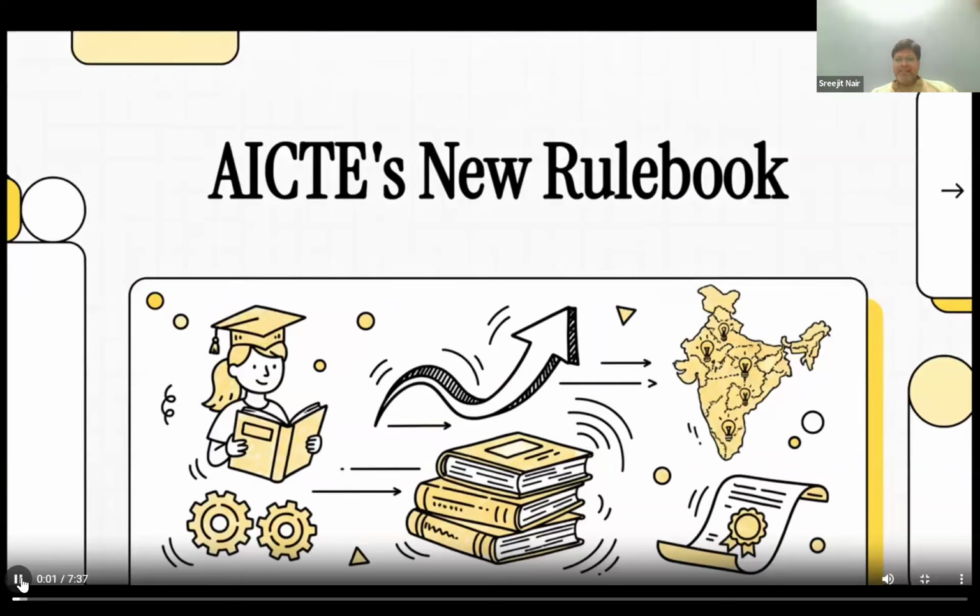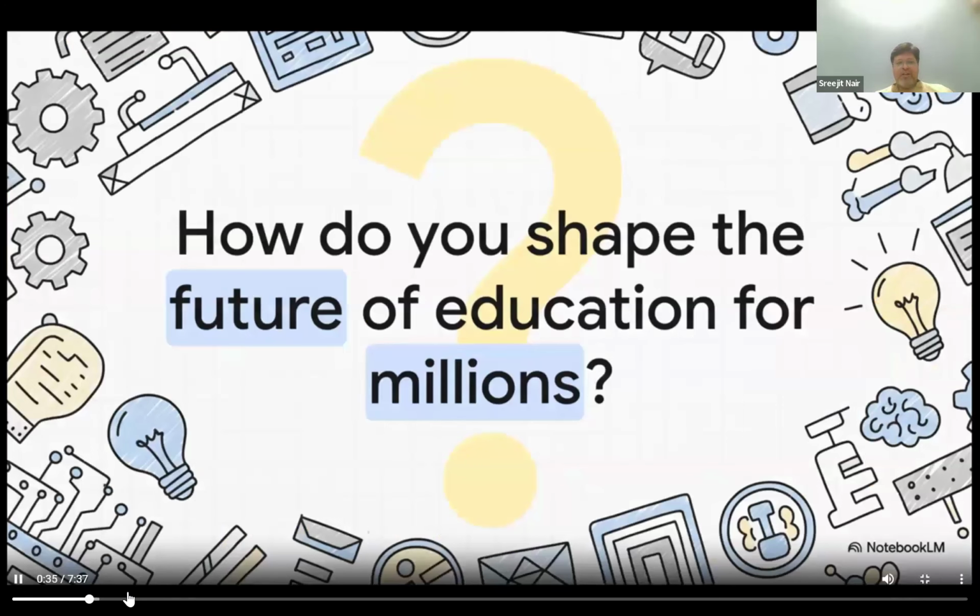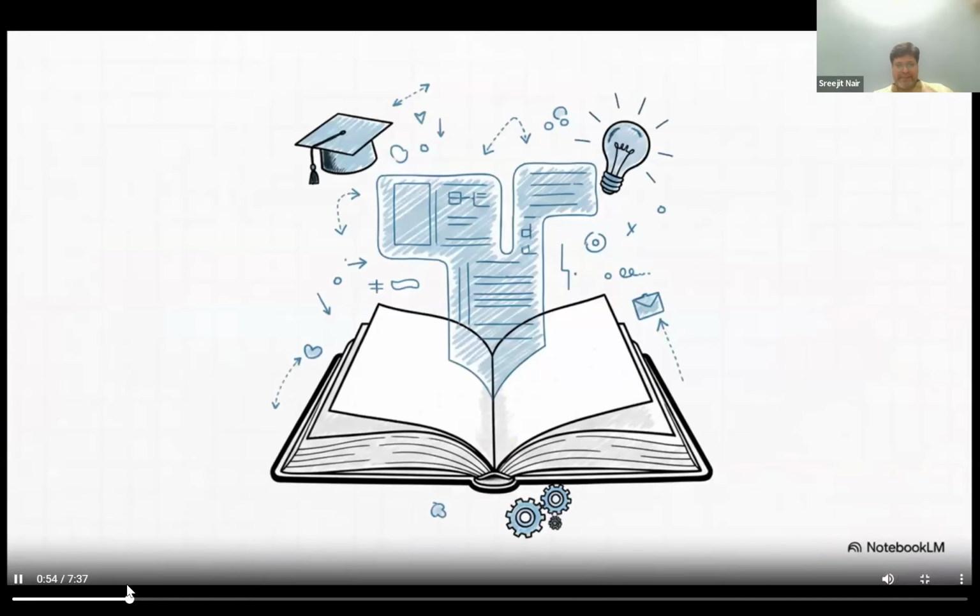Digging into a huge shift happening in technical education across India. The All India Council for Technical Education, AICTE, just dropped its new rulebook for the next 3 years. And let me tell you, it's packed with changes that are going to redefine the future for millions of students. So let's get into it. So the big question is, what exactly does this upgrade do?